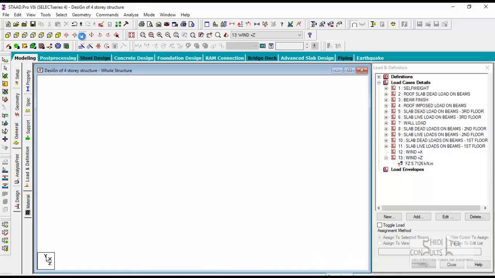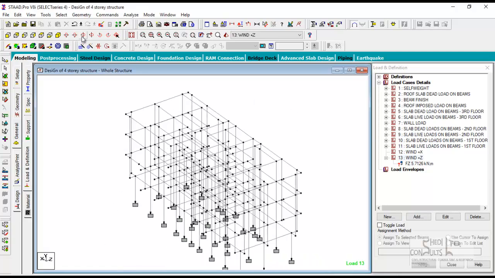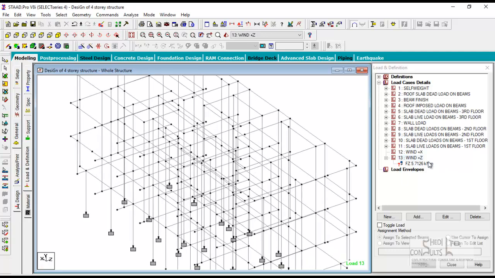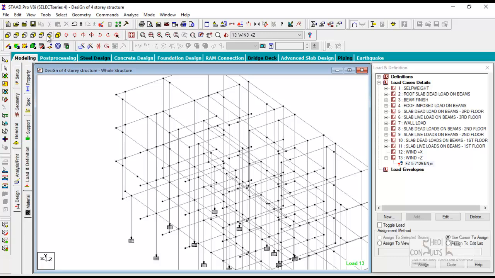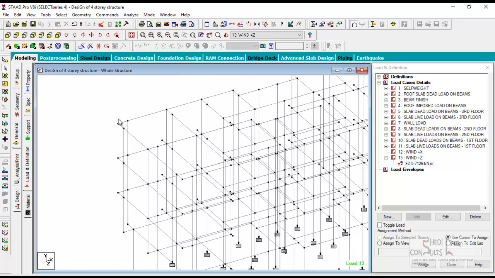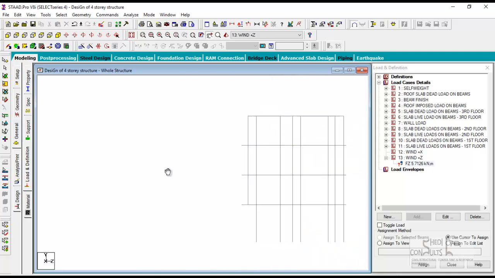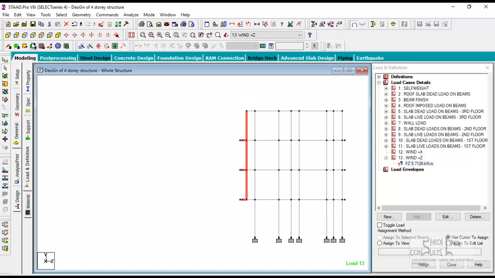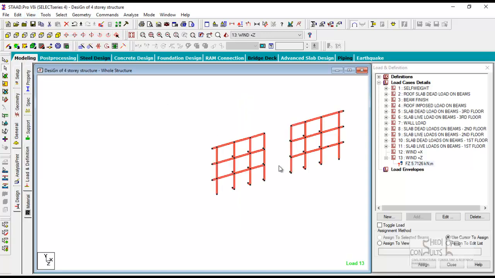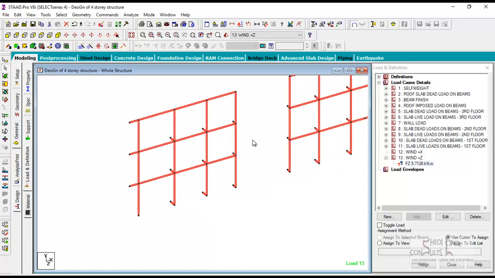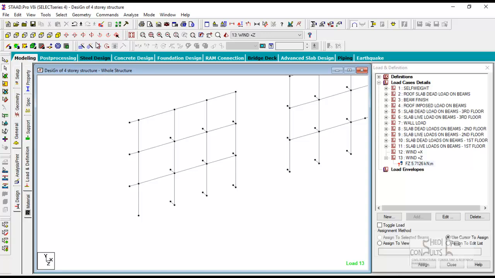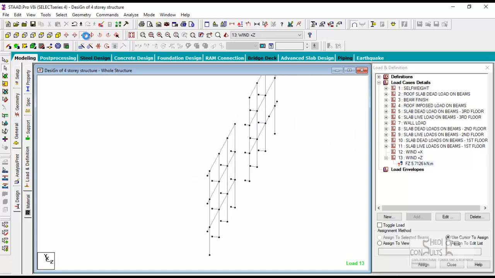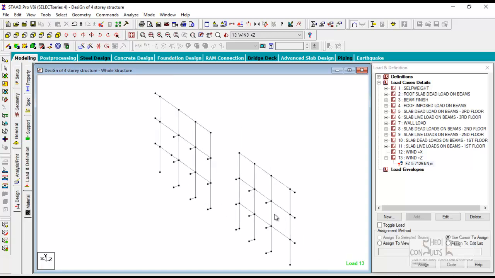So we're going to rotate the structure. In order not to make a mistake, I want to select this entire plane. So I go to left view and then select this plane. If you rotate this, you can see very carefully now your roof level. Check the coordinates. This is 14.9.